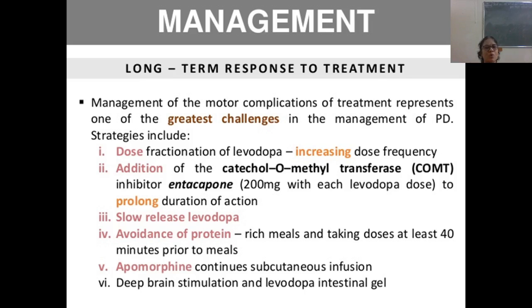The strategies include dose fractionation of levodopa, increasing dose frequency, addition of the catechol O-methyltransferase inhibitor entacapone 200 milligrams with each levodopa dose to prolong duration of action. Then slow release of levodopa, avoidance of protein, apomorphine, and deep brain stimulation. These are the long-term response to the treatment.